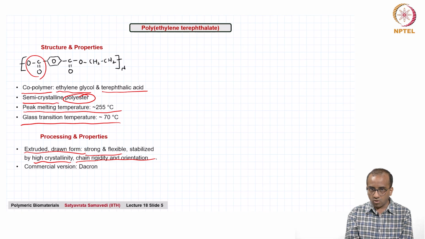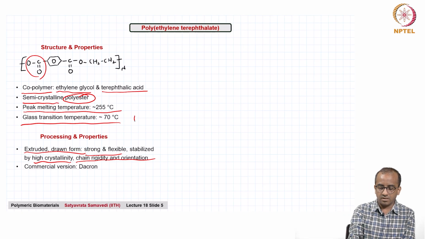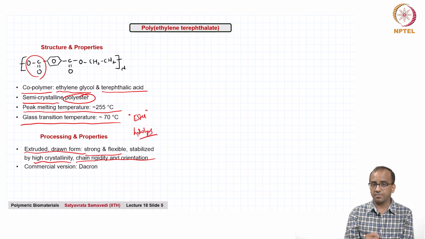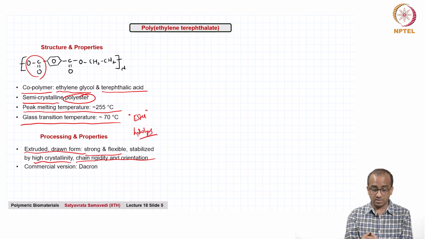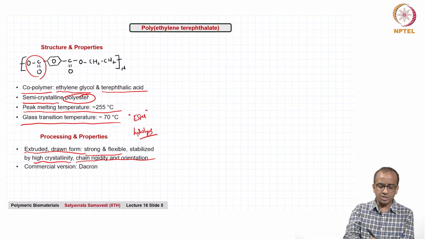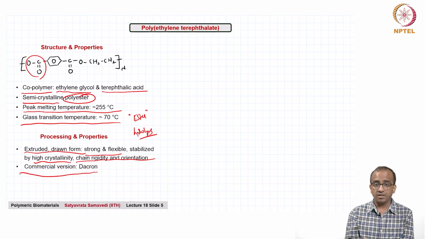And although it is a polyester, and the word ester should immediately bring to your mind the fact that these kinds of polymers can potentially undergo ester hydrolysis and degrade, because it is very highly crystalline, the degradation rates are very low compared to other polyesters such as polylactide or polyglycolide or PLGA. And a commercial version that you might be familiar with for PET is called Dacron.